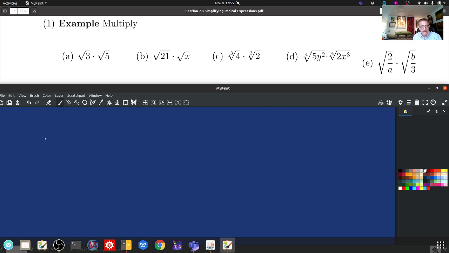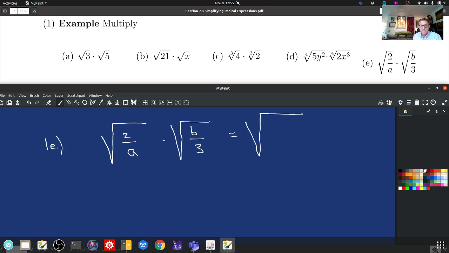Now the last one, 1e, we have the square root of 2 over a times the square root of b divided by 3. So we're literally just going to use the product rule. So this is the square root of 2 over a times b divided by 3.